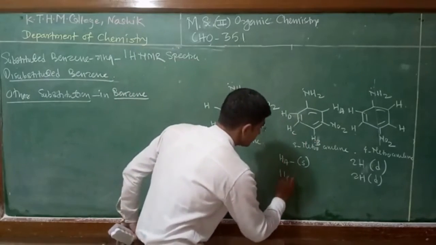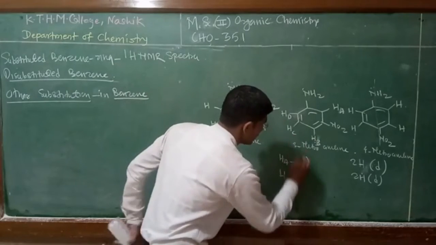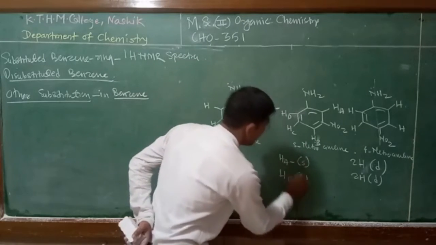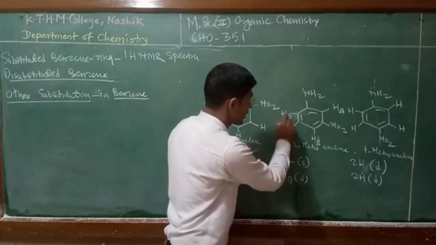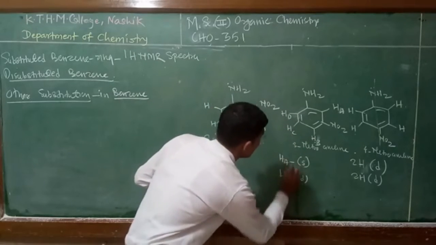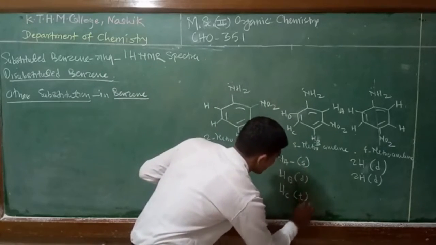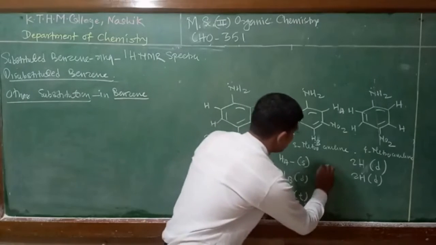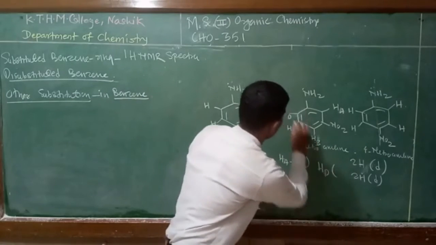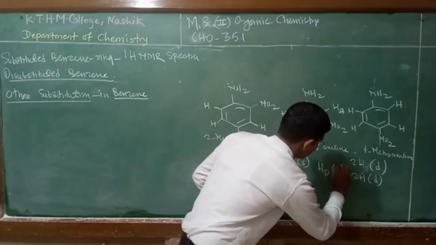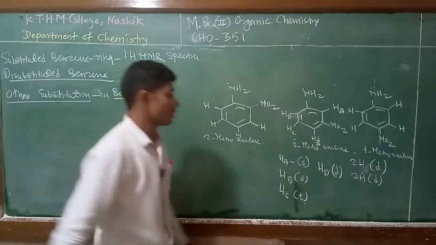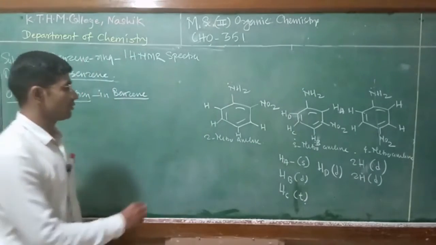Hb is coupled with Hc, so a doublet. Hc is coupled with Hd and Hb, so a triplet. And Hd couples with Hc, so that is a doublet. Like this the signals are observed.